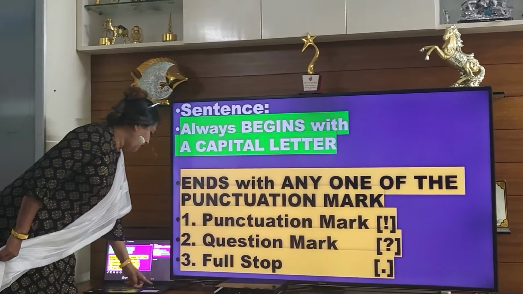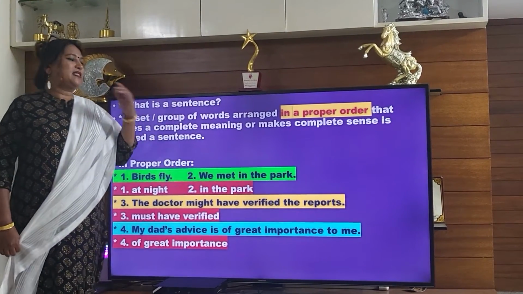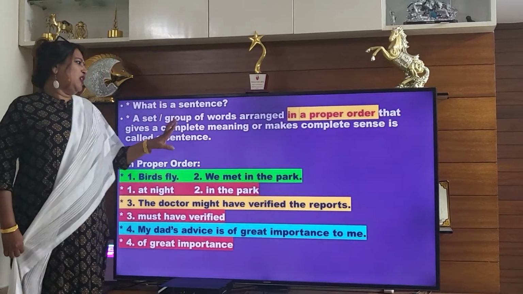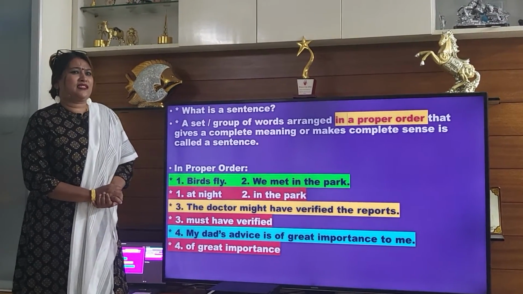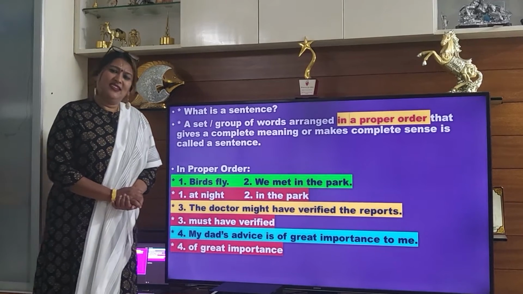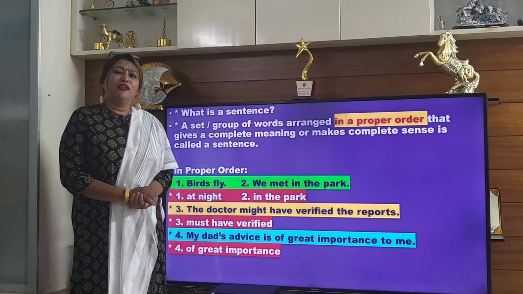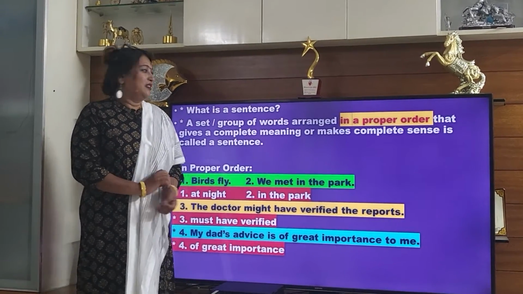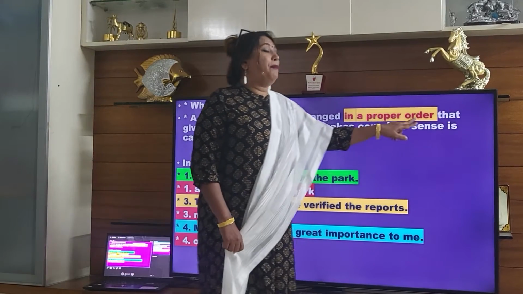Now coming to the next one. What is a sentence? Usually we say a sentence is a group of words, a set of words that makes complete sense. But you miss out a very important thing: a group of words or set of words arranged in a proper order.